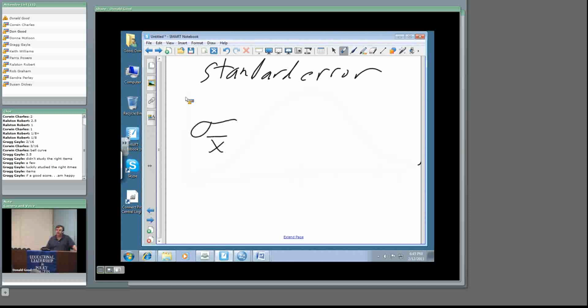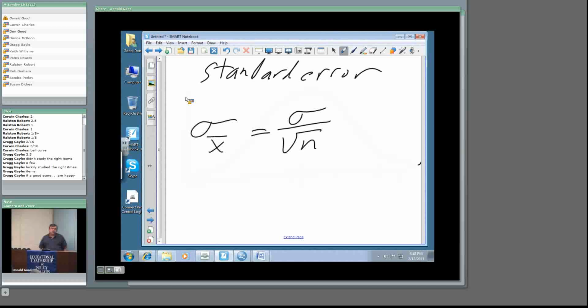It's our measurement of error. Here's how much error is likely to be in some measurement. It has to do with two things. It has to do with this. Remember from 3 minutes ago what we said that is? Maybe 8 minutes ago now. It has to do with the standard deviation divided by the square root of n, our sample size.